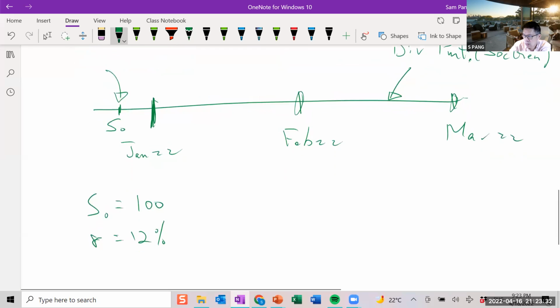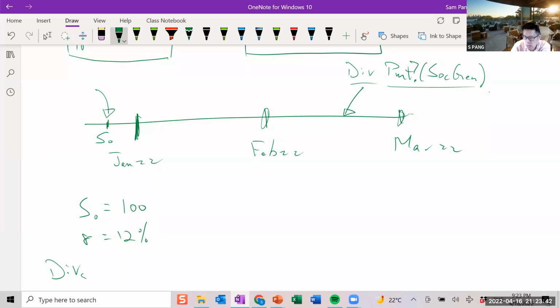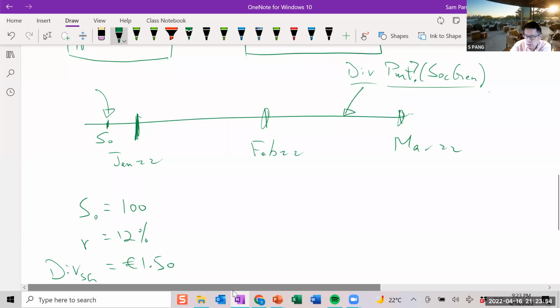And let's just say the market is expecting SocGen to pay a dividend, so dividend SG of €1.50. Now I'm making it up, but I'm using very similar numbers.